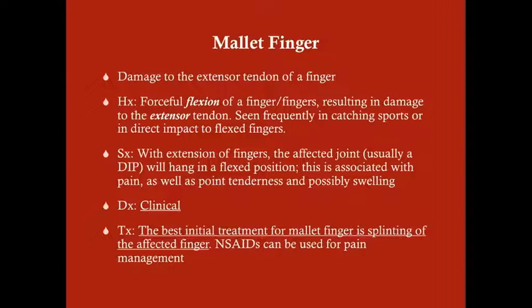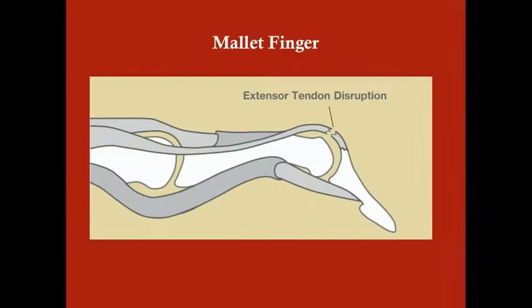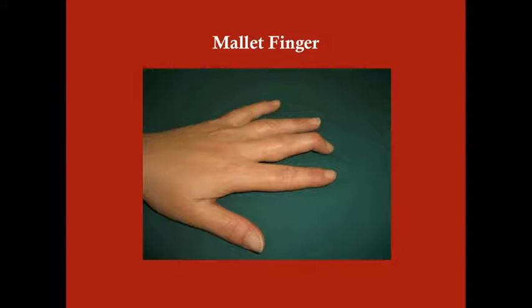So I want you to see what this looks like. This is normally where the injury happens. So it's at the very distal part of the joint, the distal interphalangeal. And the way it looks is just this sort of flexed finger.